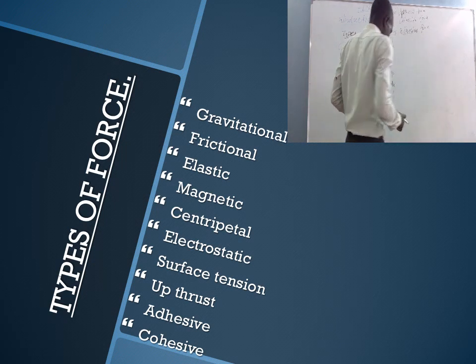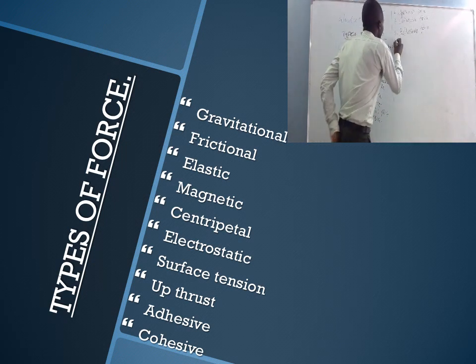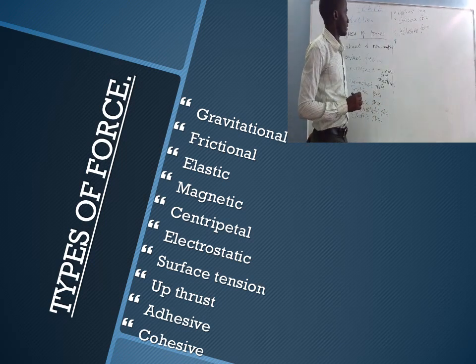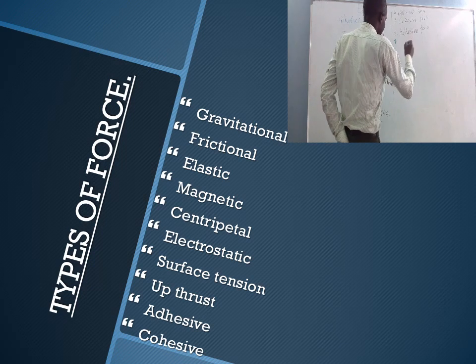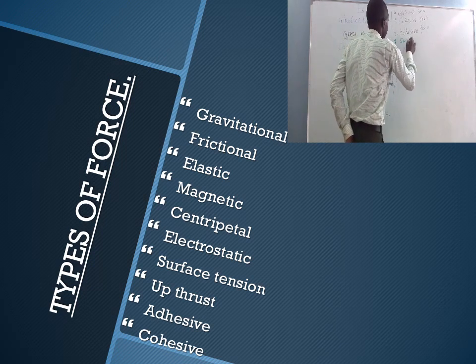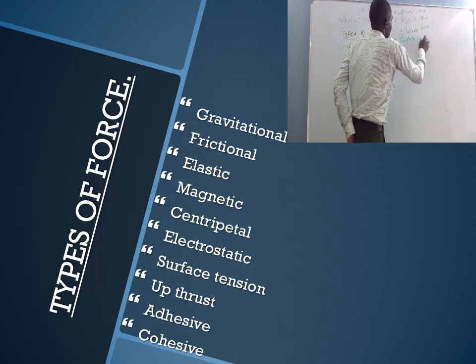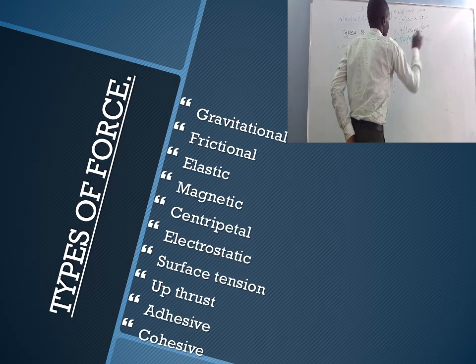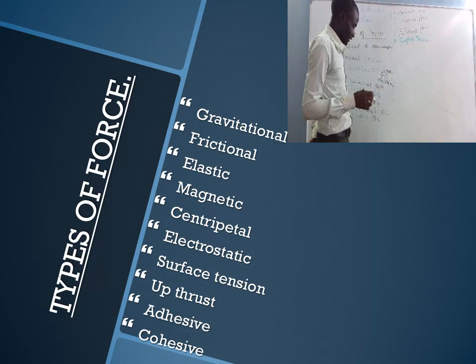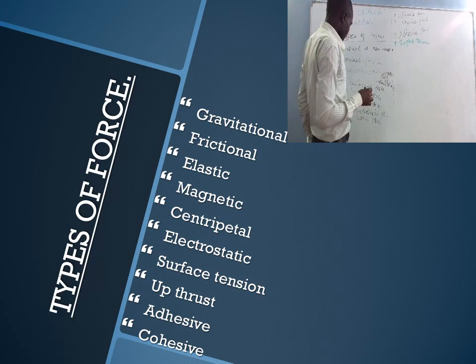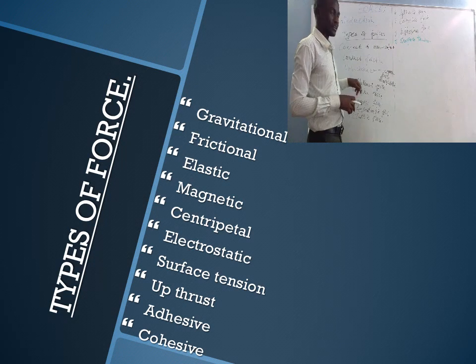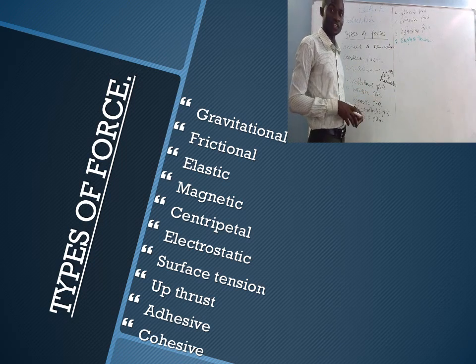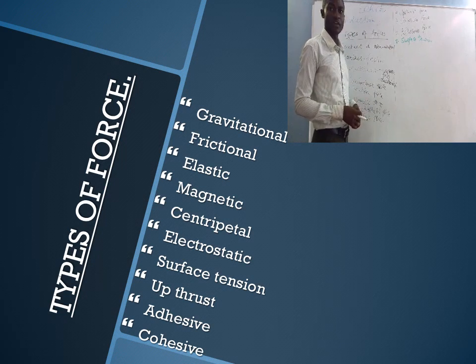Then the ninth one is referred to as surface tension. And so we have a number of forces as we have listed. The first one is gravitational force. Second is frictional force, or the force of friction. The third one is magnetic force.